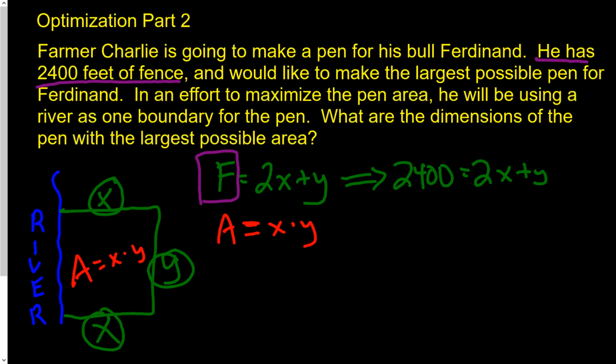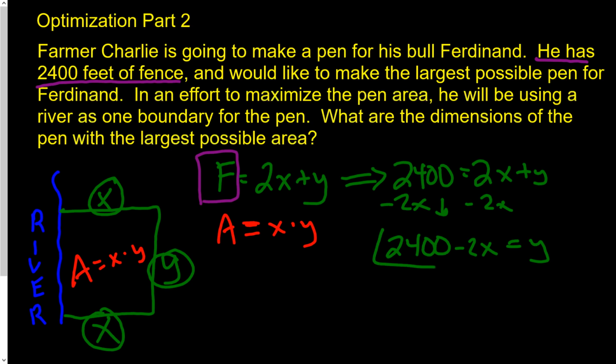So if I want to type this into my calculator, I'm going to need to get just one equation to work with. So what I'm going to do is solve this equation just for y. I'm going to subtract 2x from both sides, and I get 2,400 minus 2x equals y.